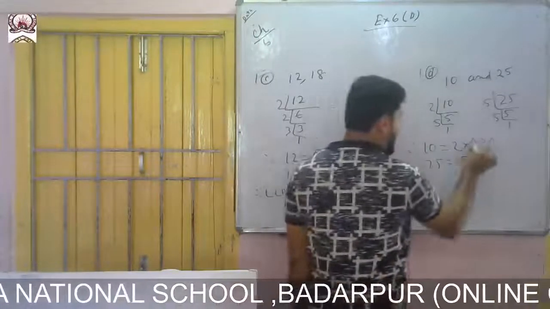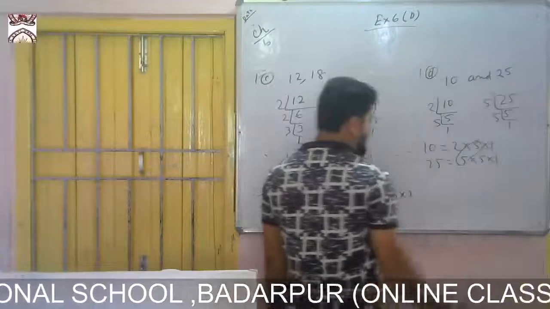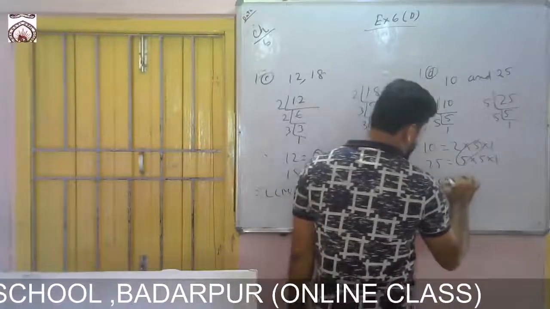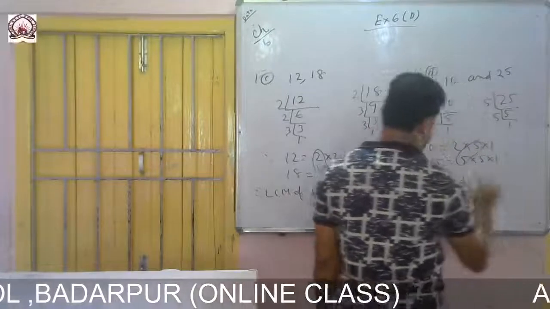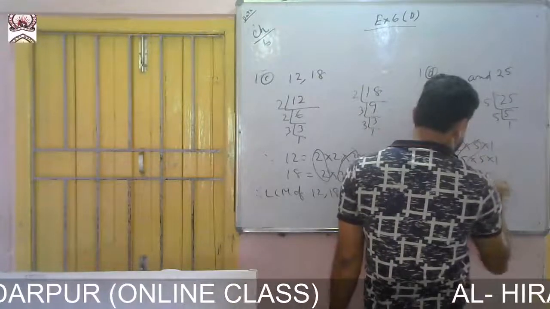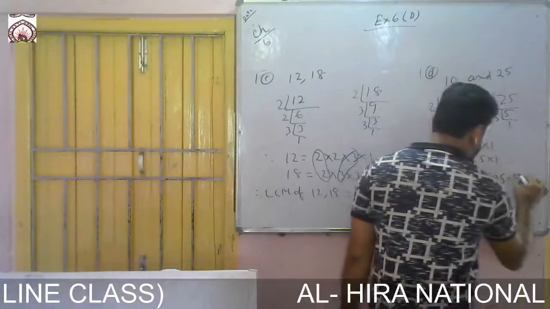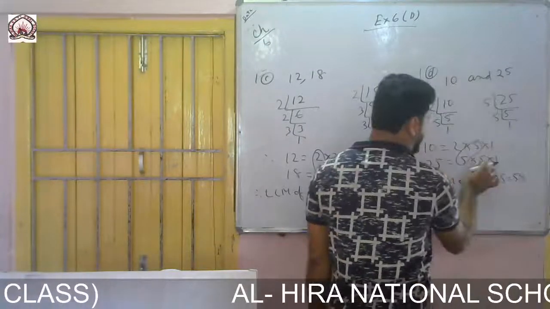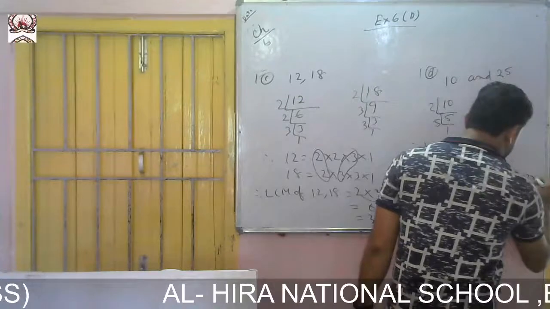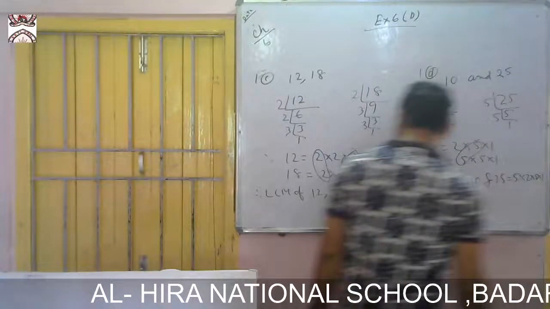So we are getting 5 as common. Therefore LCM of 10 and 25 equals this common 5, into 2 and 5, into 1. 1 is there in every case.